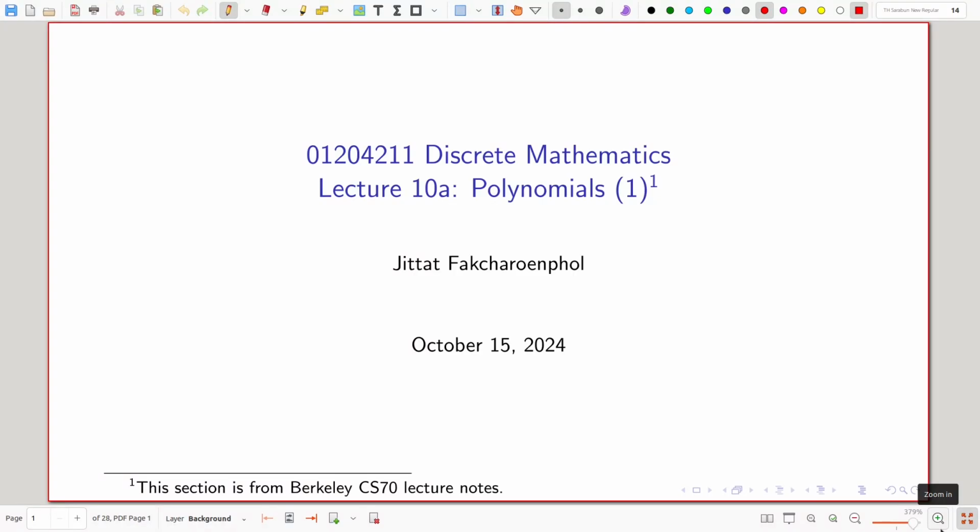Last week, on Monday, we had a practice on secret sharing using a straight line. If you recall, we used a straight line to hide the secret.